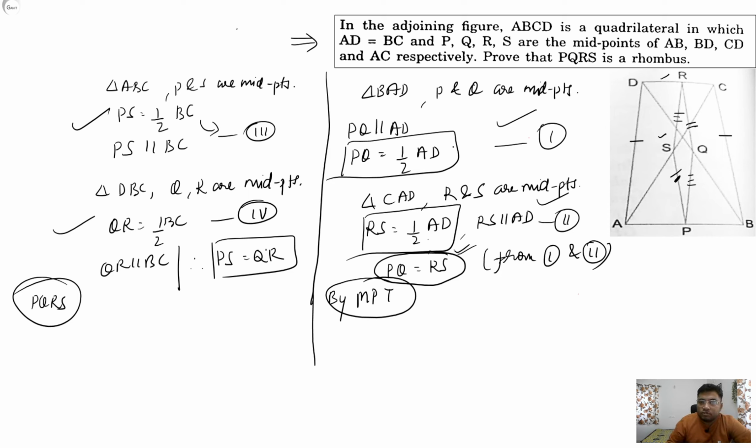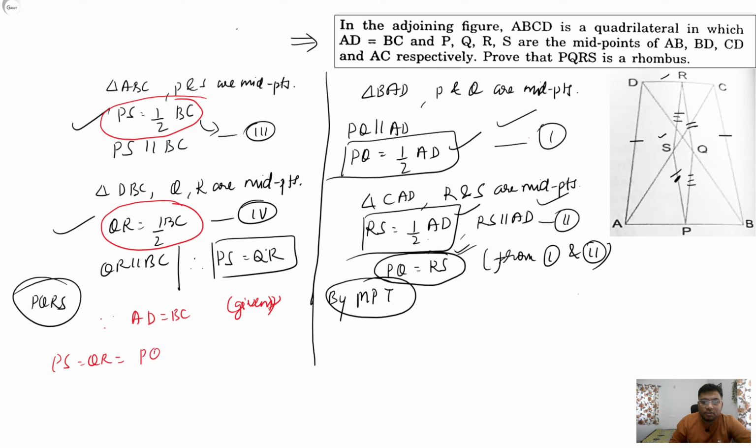So by all accounts, PQ and RS, which were equal because of AD, and PS and QR, which were equal to BC, I can say that because AD is equal to BC, given in the question, PS equals QR equals PQ equals RS.